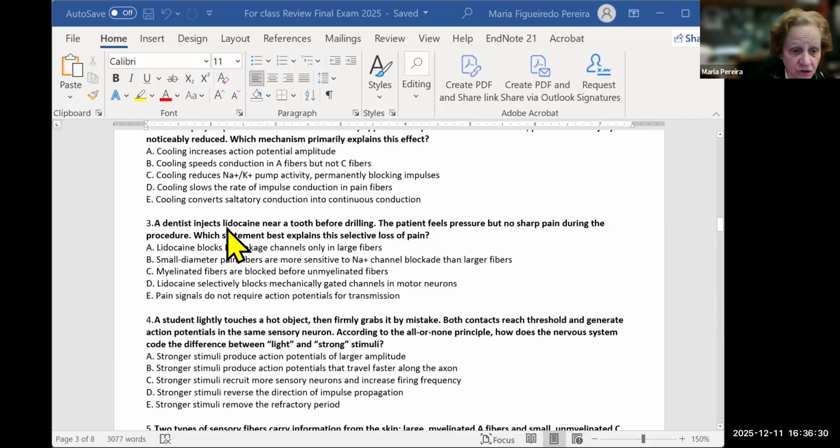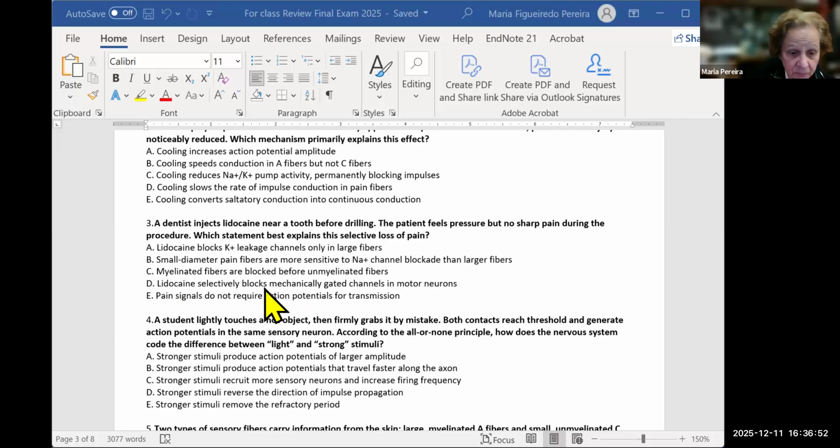A dentist injects lidocaine near a tooth before drilling. The patient feels pressure, but no sharp pain during the procedure. Which statement best explains this selective loss of pain? Well, this is sort of repeated already.